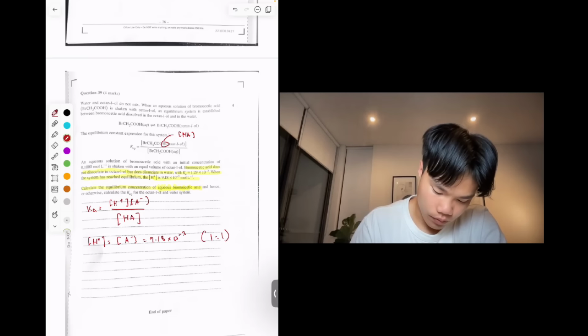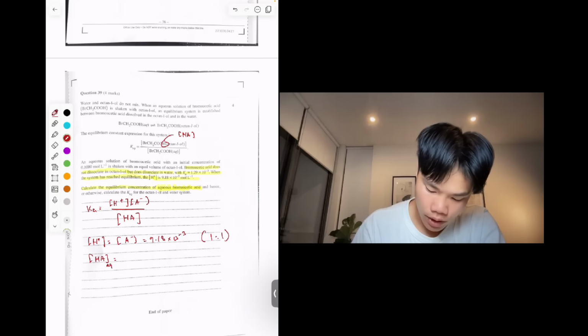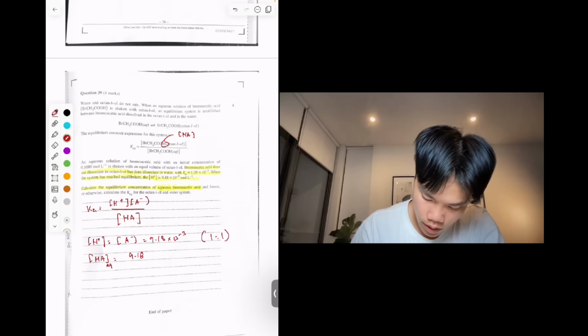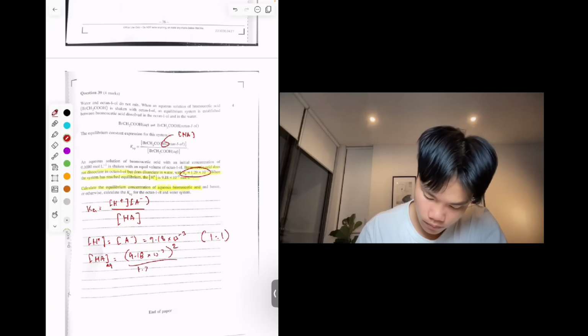Therefore, if you rearrange the Ka expression in terms of HA concentration, the HA within the aqueous solution, you would be able to find that it is 9.18 times 10 to the negative 3, squared, divided by Ka, which is given as 1.29 times 10 to the negative 3.